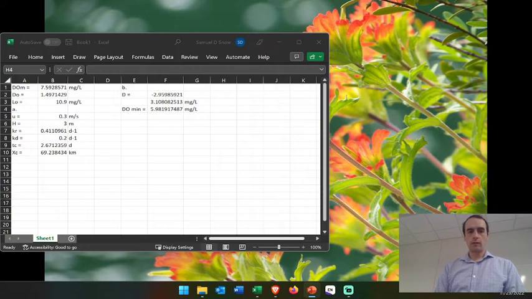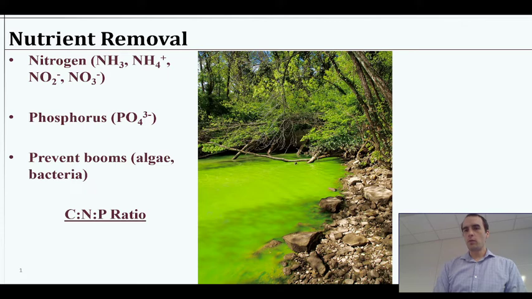So next, we'll talk about nutrients. Specifically, when we talk about BOD, mostly what we're referring to is that biological oxygen demand, probably carbon-based stuff.